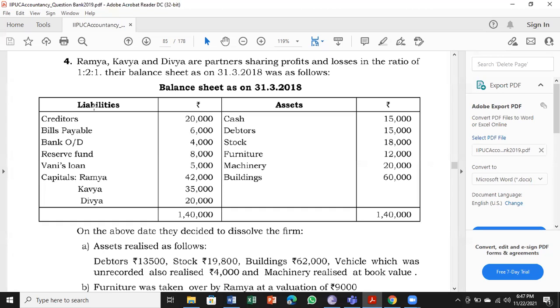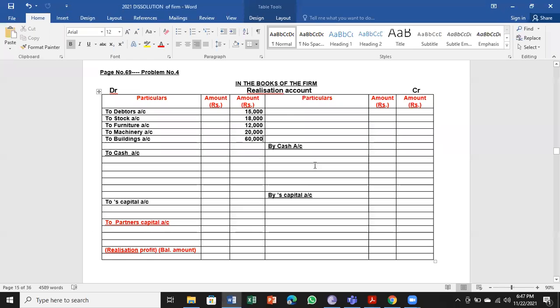Now we'll move on to the outside liabilities, which are to be transferred to the credit side of realization account, starting from creditors and bills payable, 20,000 and 6,000. So by creditors account 20,000, by bills payable account 6,000.